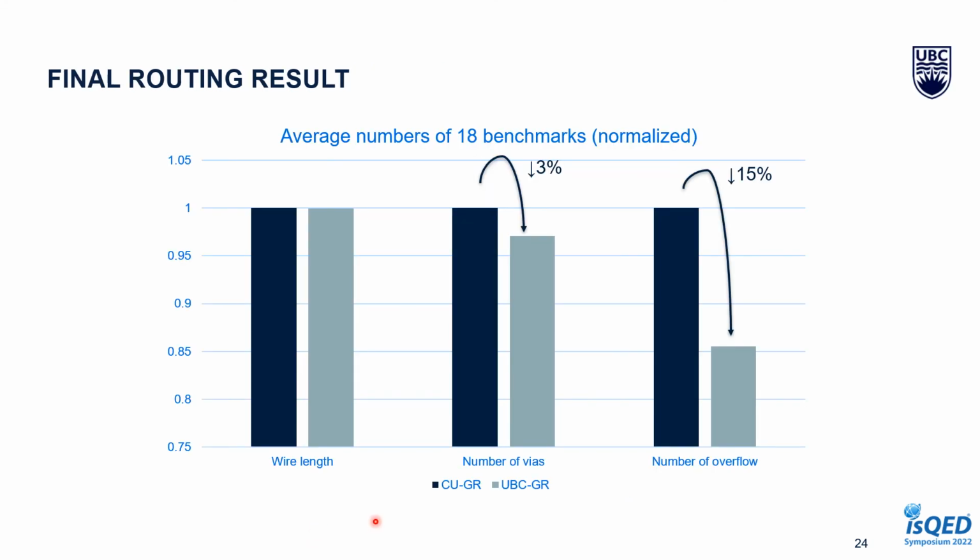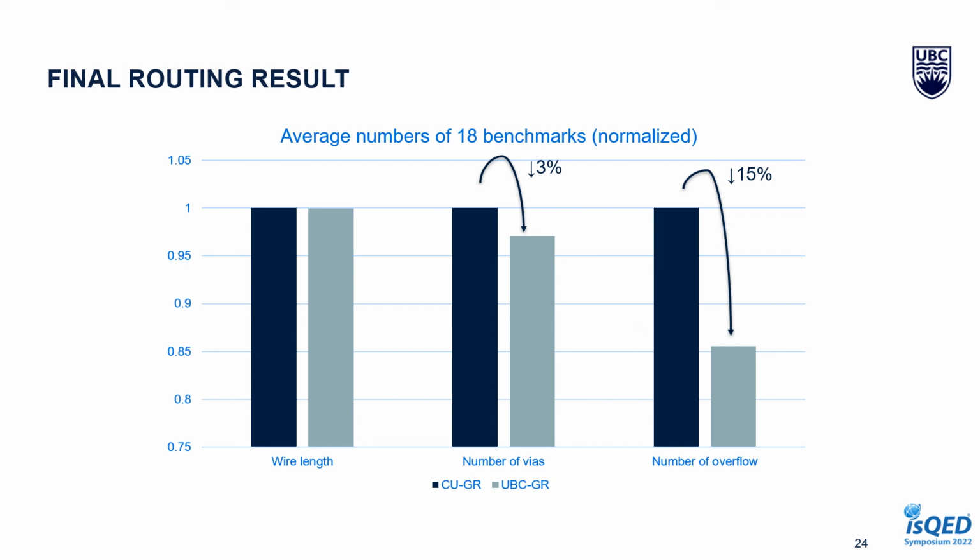We also tested UBCGR and compared it with CUGR, and three metrics were used: wire length, number of vias, and number of overflow. And these numbers are average numbers of 18 benchmarks, and it's been normalized. As you can see, our UBCGR successfully reduced the number of vias by 3% and number of overflow by 15%.